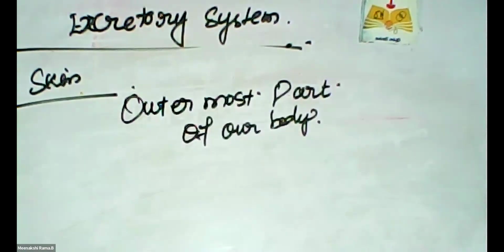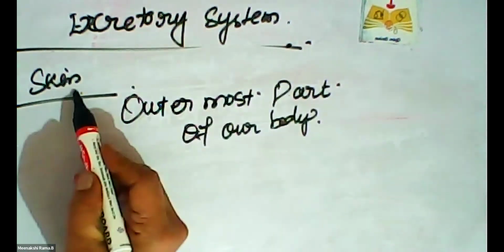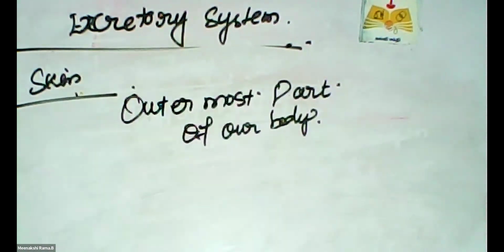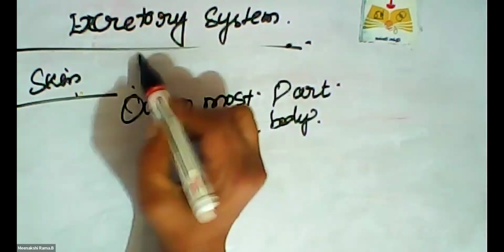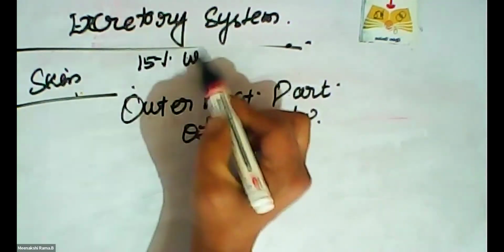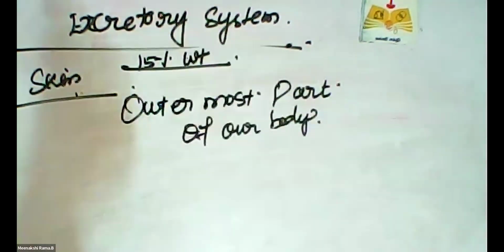Each and every organ, each and every part is covered with the skin only. So it stretches all over the body in the form of a layer. Okay. So the skin contains 15% of the weight in our body.